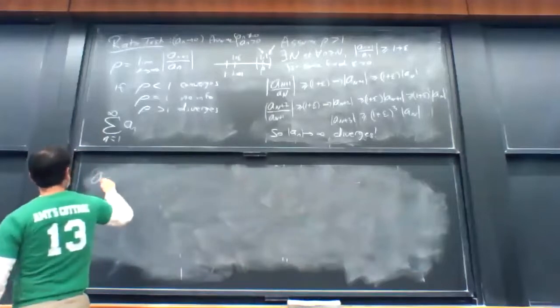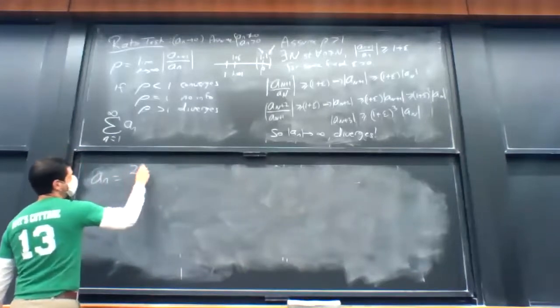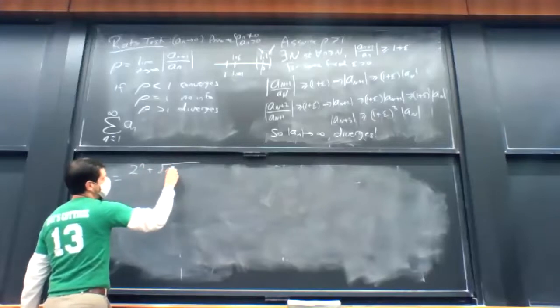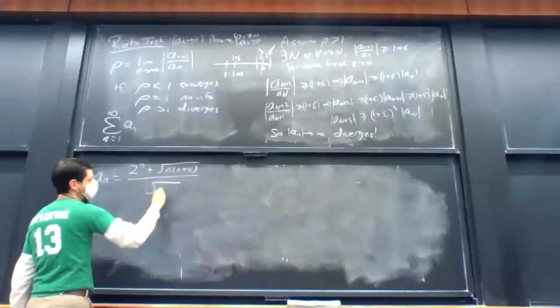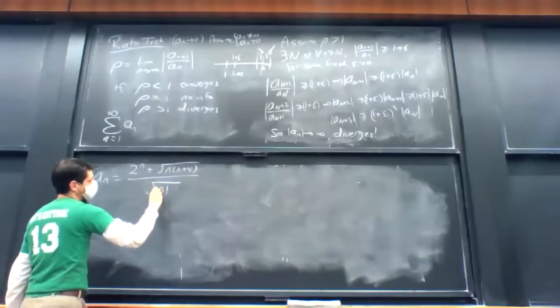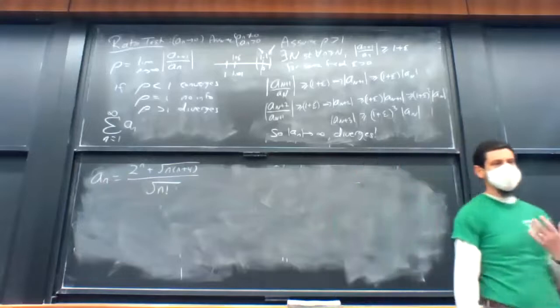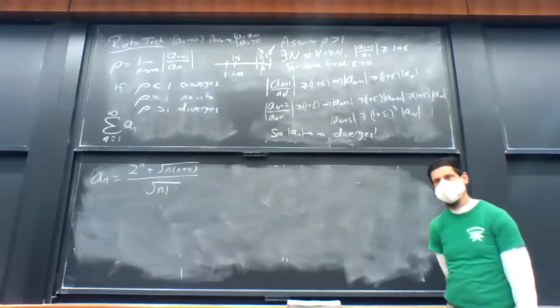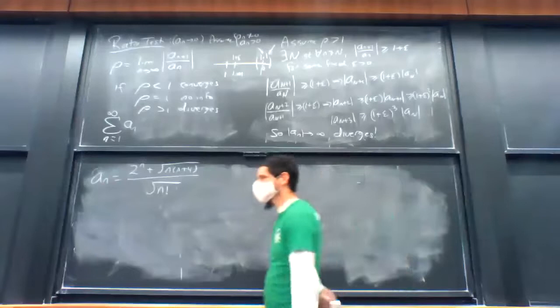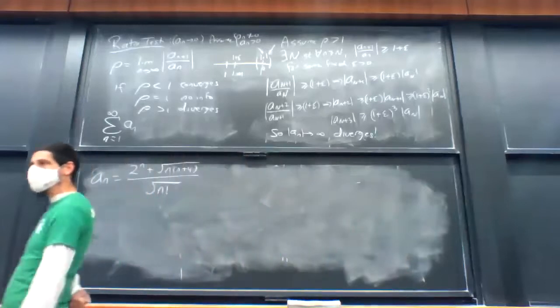So let's let a_n be 2 to the n plus the square root of n plus 4, divided by the square root of n factorial. Hopefully this is nasty enough that you don't have a great intuition of what's happening. Or maybe you do.